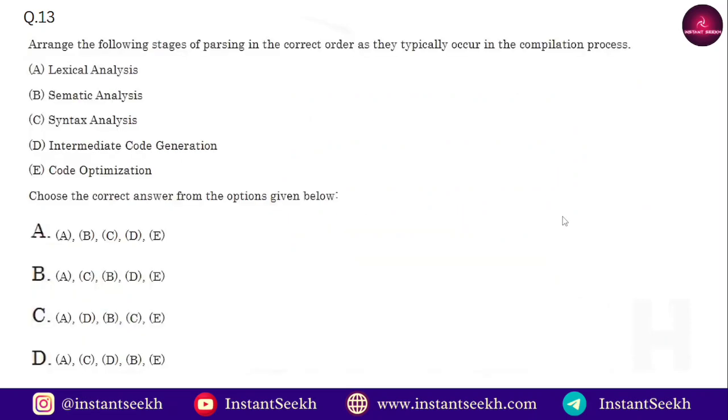Next we have: arrange the following stages of parsing in correct order as they typically occur in the compilation process. During the compilation process, parsing is done. So what is the correct process? The options given are: lexical analysis, semantic analysis, syntax analysis, intermediate code generation, and code optimization.